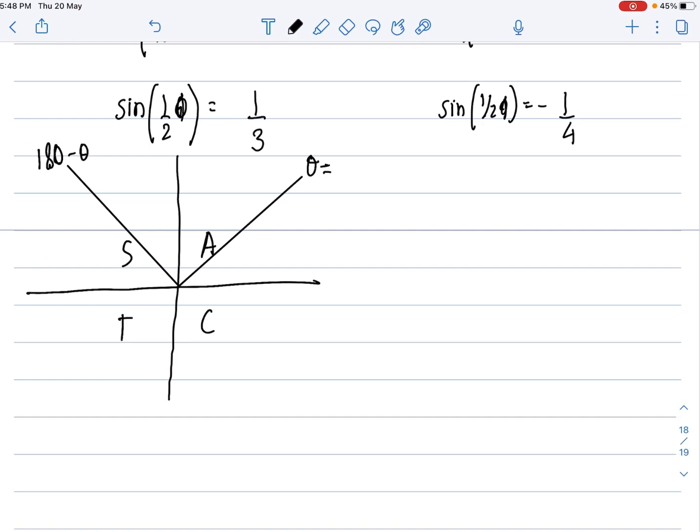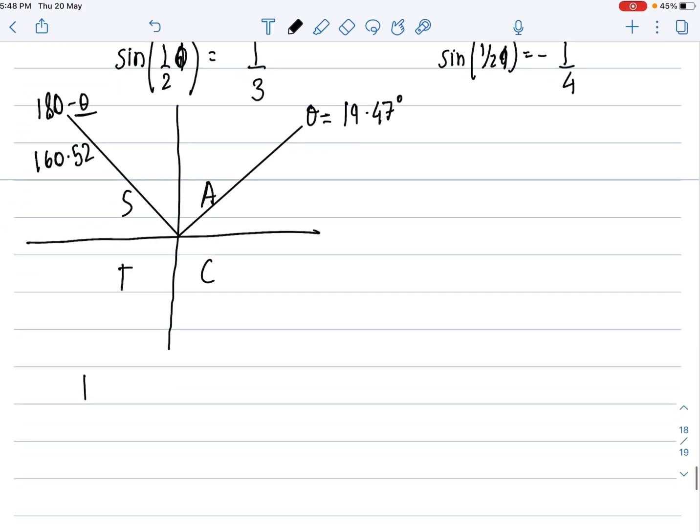So now to calculate theta, I know I need to be on the degree mode first, and I need to do sine inverse of 1 over 3. Okay, where I get 19.47 degrees. Now I need to do 180 minus theta. So 180 minus 19.47 to give me 160.52. So I can write this as half phi equals 19.47 comma 160.52.